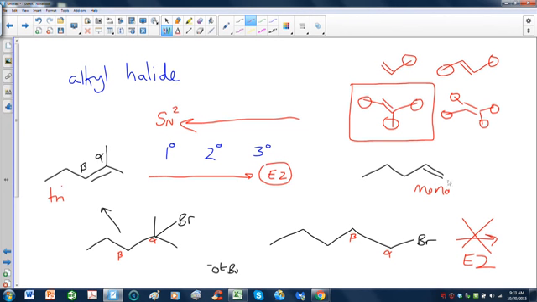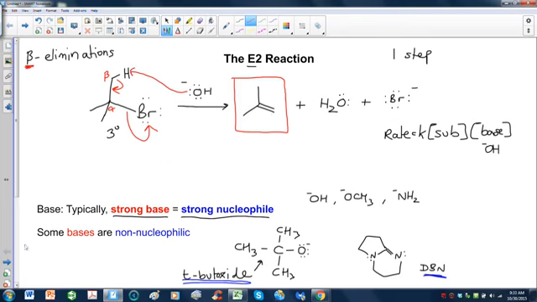So what you'll find is, if you have a tertiary substrate with a strong base, that's pretty much a guarantee you're going to have an E2 reaction. If you have a primary substrate with something that's a strong base, it's also a strong nucleophile, you're going to have SN2. Now, like I said, I'm going to have a separate video outlining how to predict between E2 and SN2, but I just want you guys to understand in this video what the E2 reaction looks like.